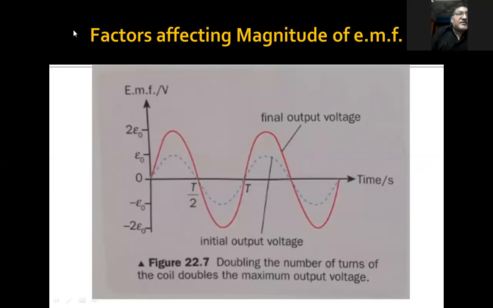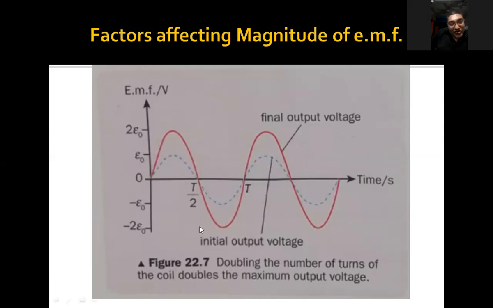And here, the dotted line shows the first case. So you have a generator, and in that generator, we have a certain number of turns of the coil, and it's rotating at a certain speed, and the EMF and the current which is induced. The EMF graph is like this, dotted line.